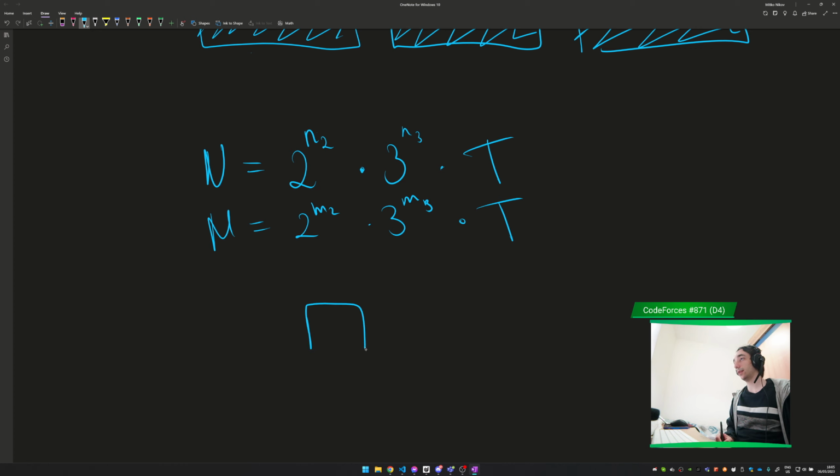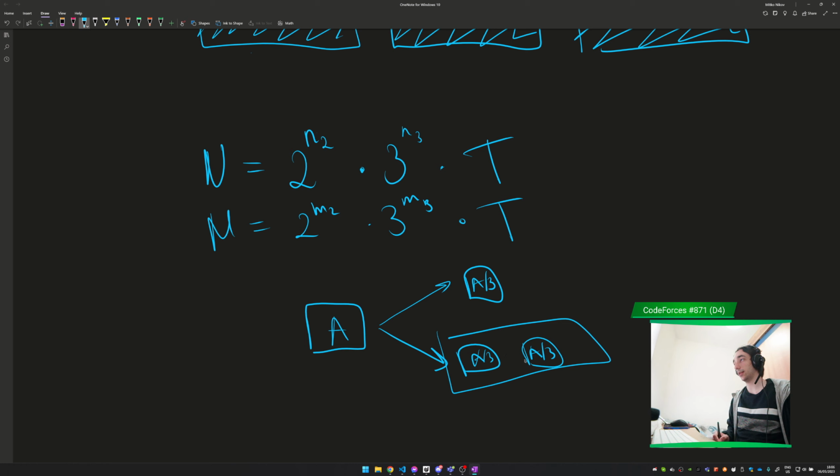Because if I have some integer A, what I can do is divide this integer such that this is A divided by 3, and this is A divided by 3, and this is A divided by 3. So this pile has 2 times A divided by 3, and this pile has 1 times A divided by 3.